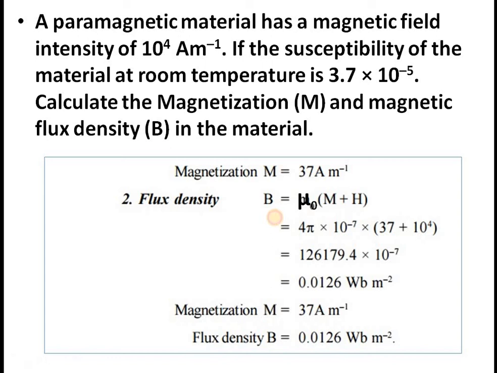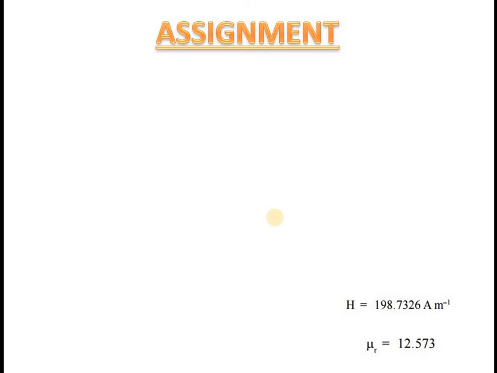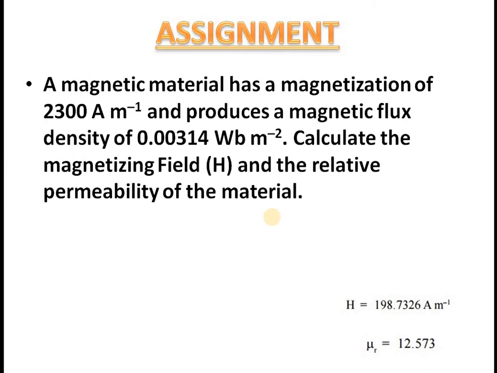Now we have an assignment problem also here. A very simple question. A magnetic material has a magnetization of 2300 ampere per meter. Magnetization, you know, is magnetic moment per unit volume, and it produces a magnetic flux density of 0.00314 Weber per meter square.